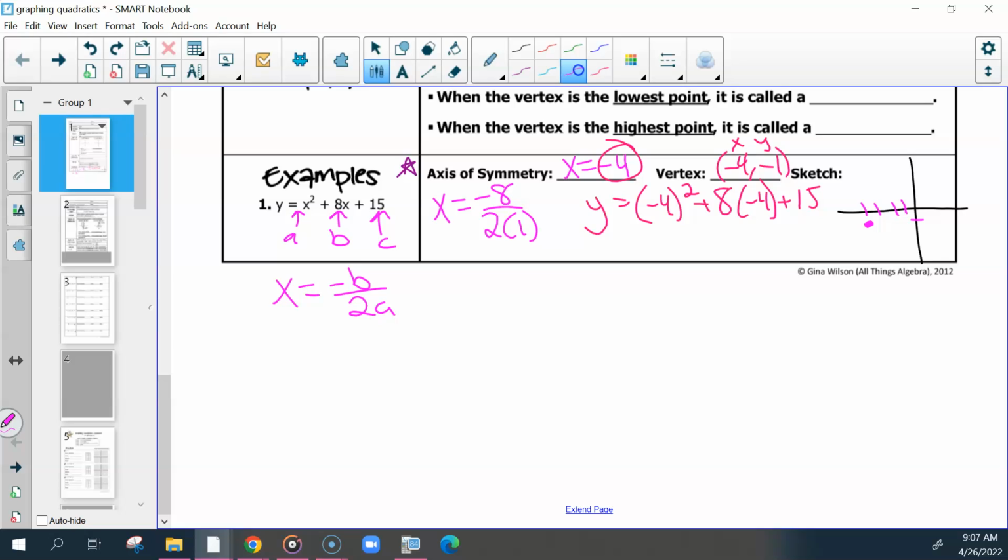This has a positive a value, so that's going to mean it's facing up. It's going to look something like this. So it's really just for practice, so that you can see, is it facing up, is it facing down, where does it start?